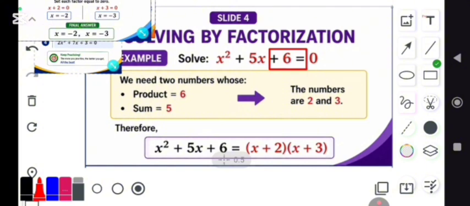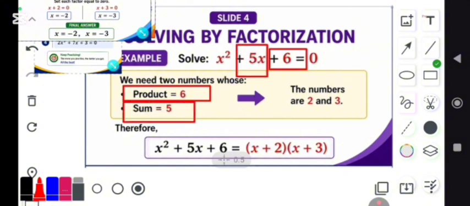Remember, I told you initially that the quadratic equation has 3 parts. It has your A part, your B part, and your C part. And so now we are looking for two numbers whose product is 6 and the sum is 5.